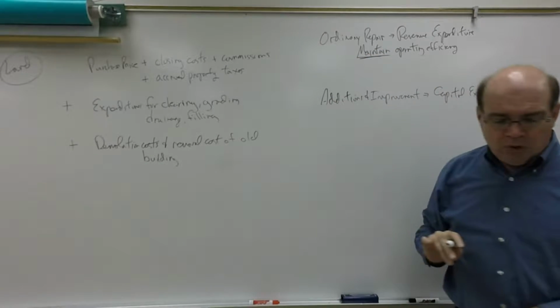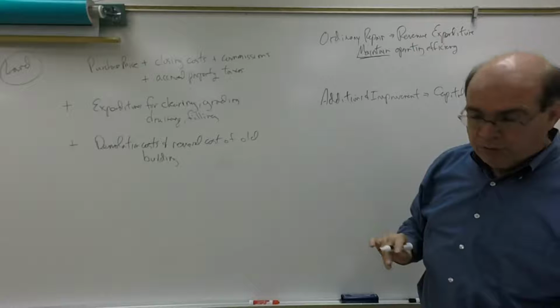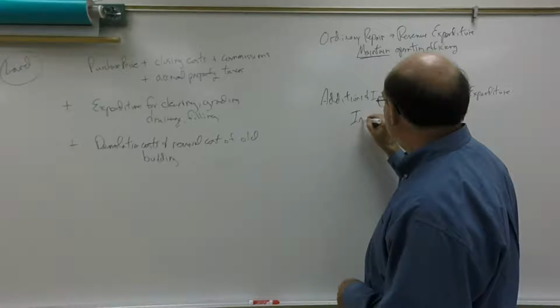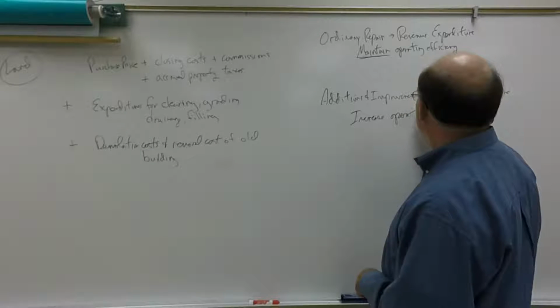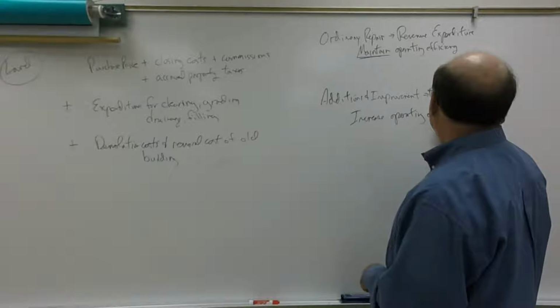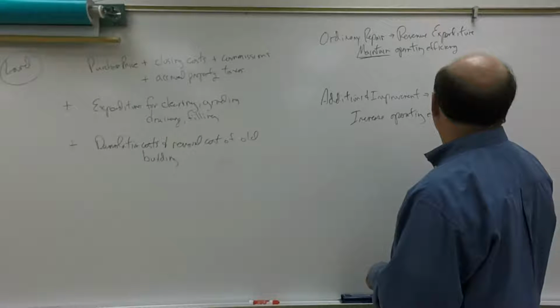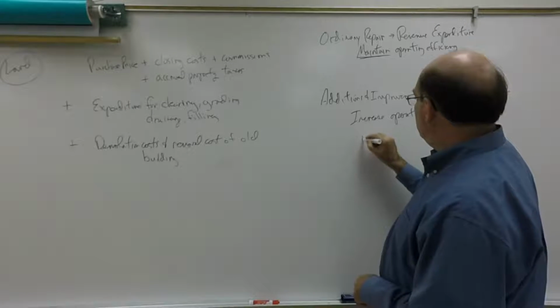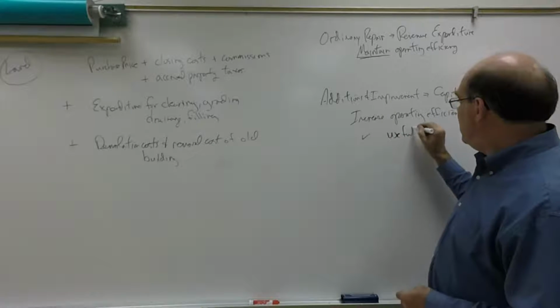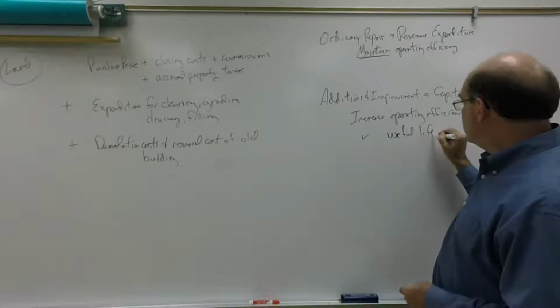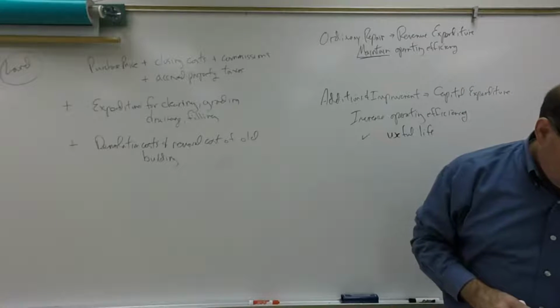On an addition or improvement, you're going to increase something. You're either going to increase the operating efficiency, or you're going to increase maybe the useful life. Because of this, you're going to have it longer. So the useful life is how long you plan to use it.